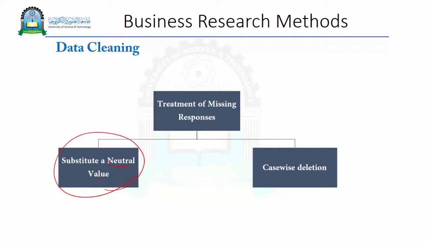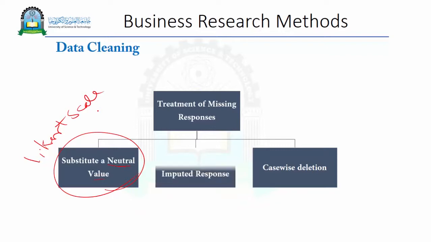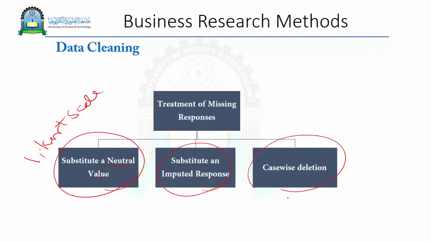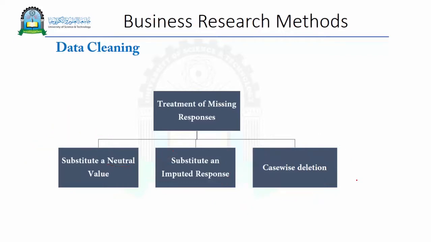This is especially for Likert scales. Or substitute imputed responses, where we find the average of the answers for this question and put in the same number, or case-wise deletion, which is discarding the questionnaire.